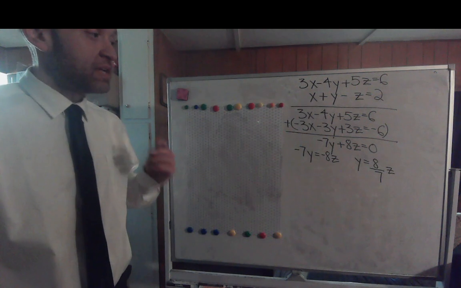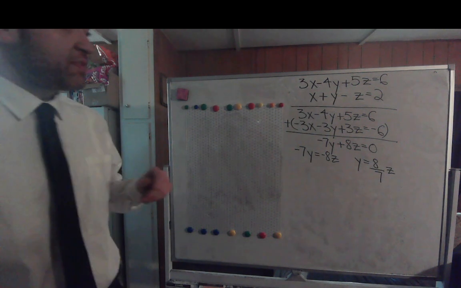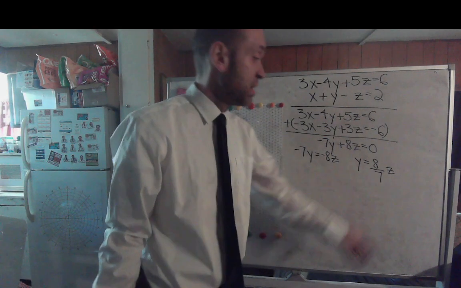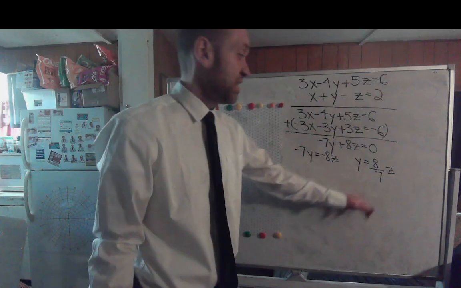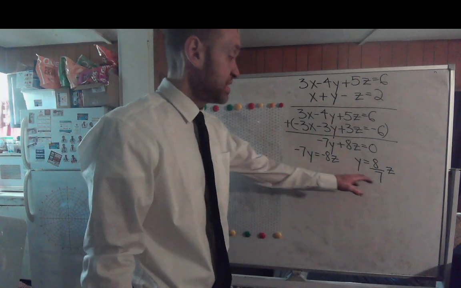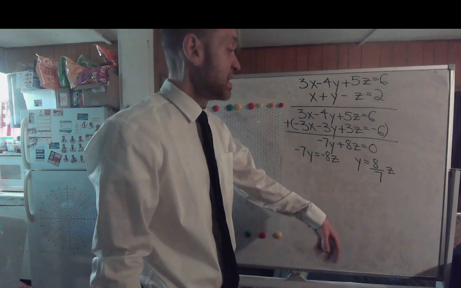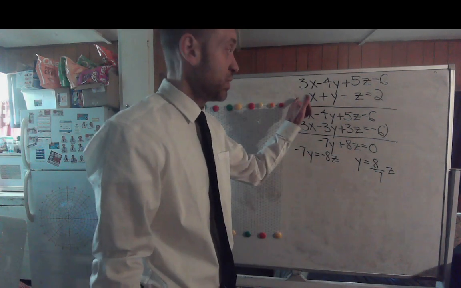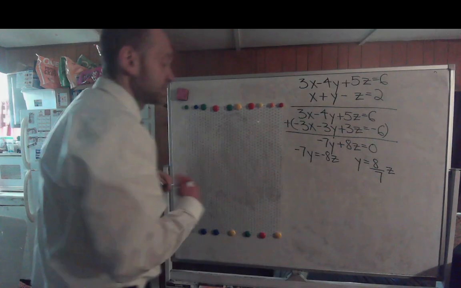And what we can do now, since we've solved in terms of z, z is just z, y is 8/7 z. Let's stick both of these, the z itself and the y equals 8/7 z, into one of these two equations and get an answer for x.